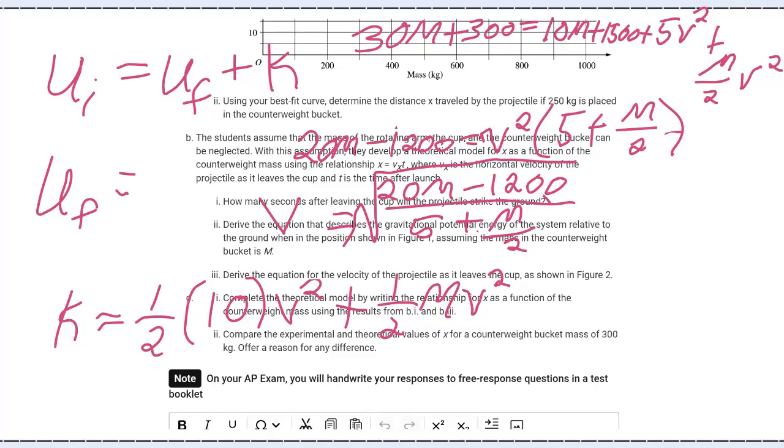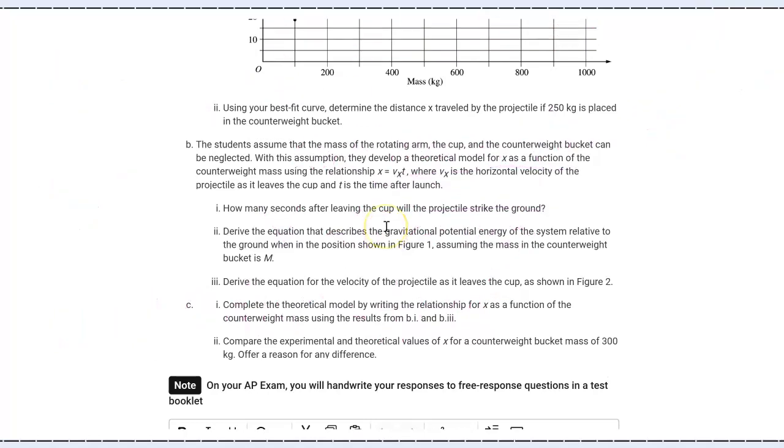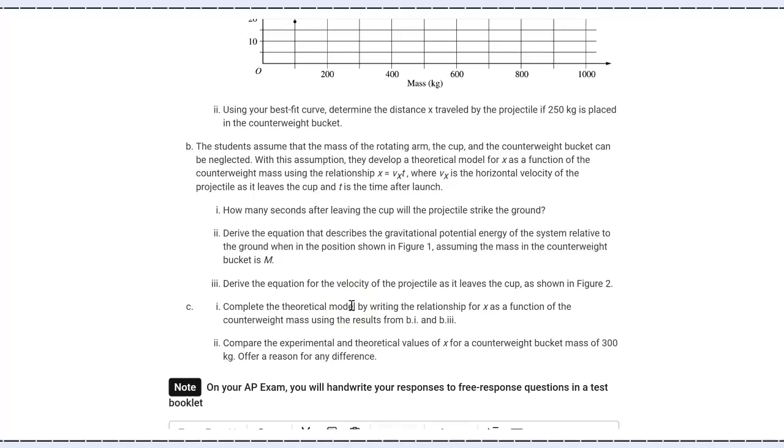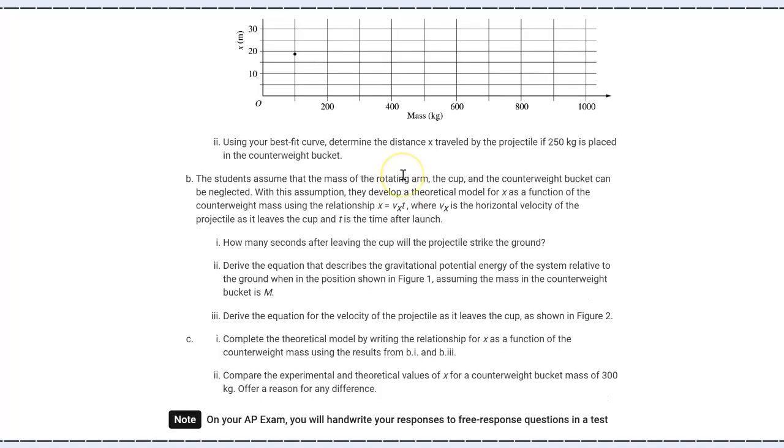All right. Now, complete the theoretical model by writing the relationship for x as a function of the counterweight mass using the results from B1 and B3. Oh, okay. So here, we calculated earlier that our time was 1.73 seconds, and we're given this formula, and we just calculated our velocity.